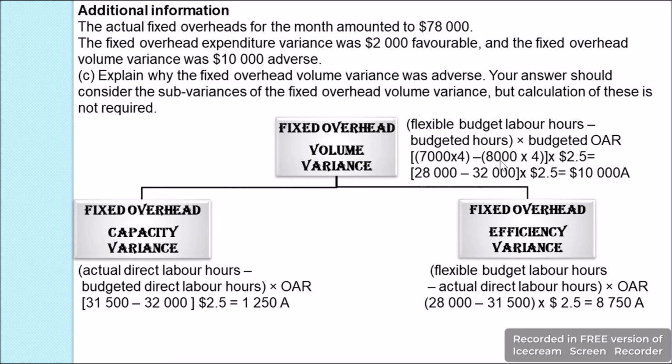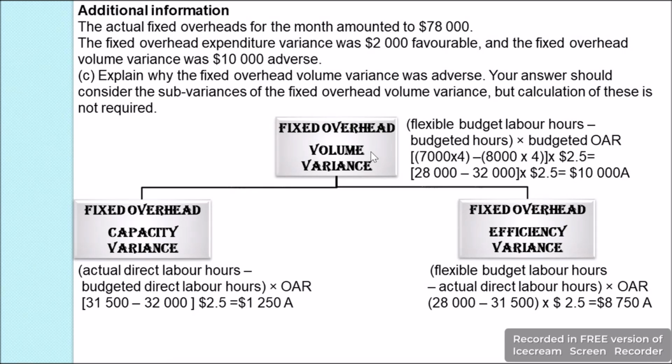So we estimated that we will produce 8,000 units. However, we were able to produce only 7,000 units. So because of this change in production, we got an adverse fixed overhead volume variance of $10,000. That is, the difference is 4,000 times $2.50, which will be adverse $10,000.